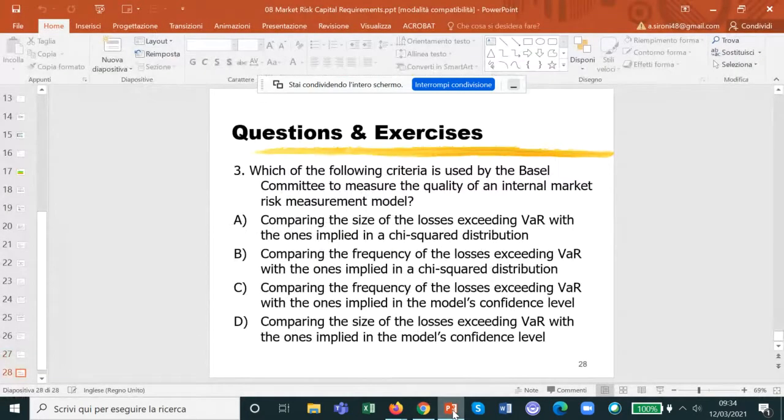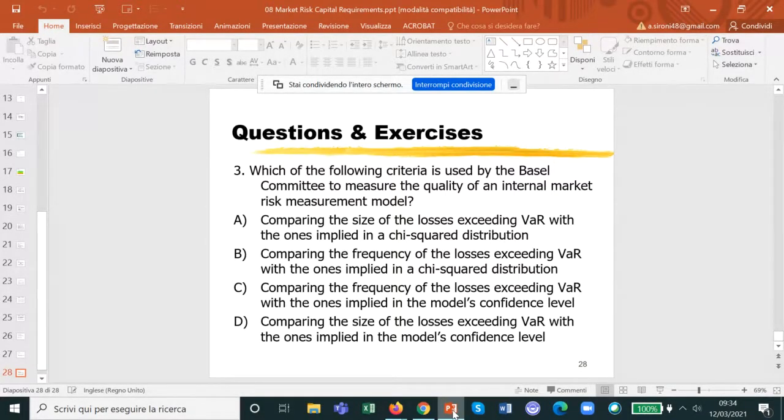Finally, which of the following criteria is used by the Basel Committee to measure the quality of an internal market risk measurement model? I'll give you a minute and then you tell me what is the correct answer. Come on.